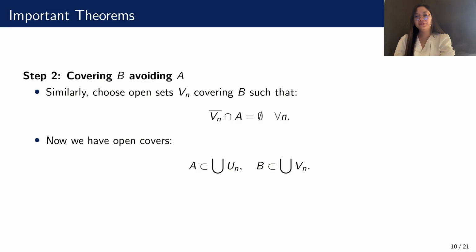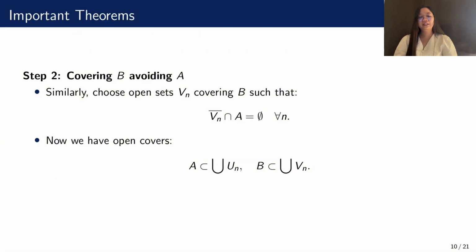So now we have an open set covering B: B is a subset of the union of B sub n, from n equal to 1 up to infinity, and the closure of B sub n intersection A is empty. We also have an open cover of A, A a subset of the union of U sub n.